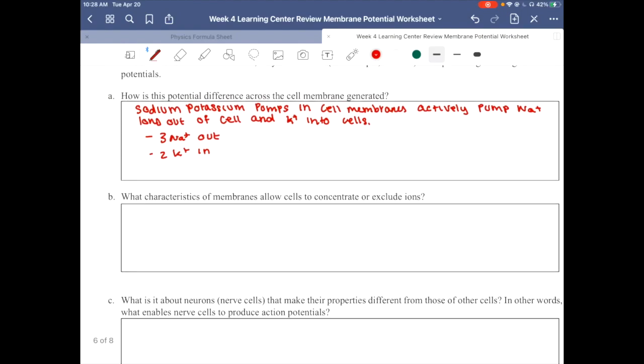Next, what characteristics of membrane allow cells to concentrate or exclude ions? So the mechanism that allows for this to happen is permeability. So ions like sodium and potassium cannot easily diffuse across the phospholipid bilayer. So they must either be actively transported or diffused through specific ion channels in the membrane.